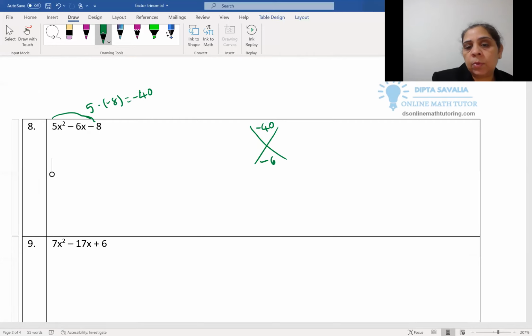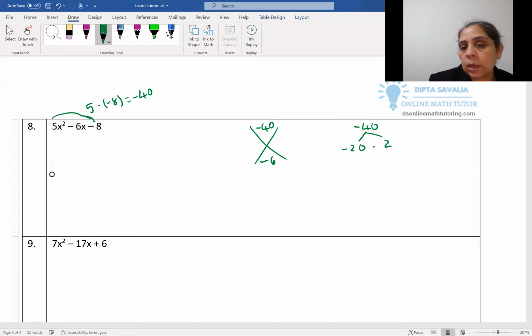So let's see what we can do here. Negative 40 times 1 will not work. Also, the top number is negative and the bottom number is negative, so whichever is the larger factor, I will use negative. So let's say negative 20 times 2.